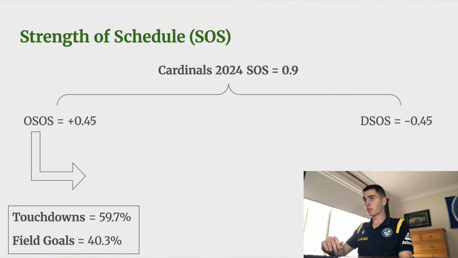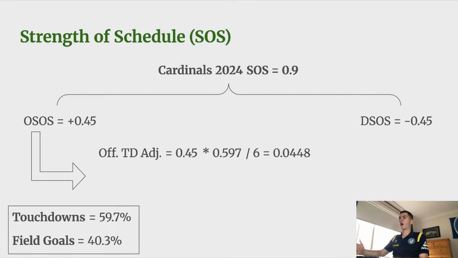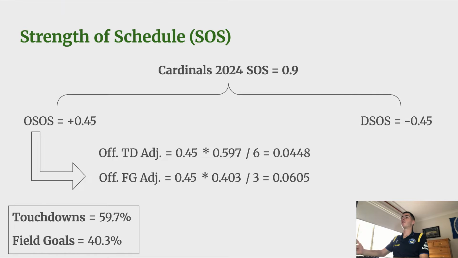For example, the Cardinals' plus 0.45 offensive SOS becomes 0.597 multiplied by 0.45 divided by 6, because a touchdown is worth 6 points, which equals 0.0448. For field goals, 40.3% of scoring, the adjustment is equal to 0.403 multiplied by 0.45 divided by 3.